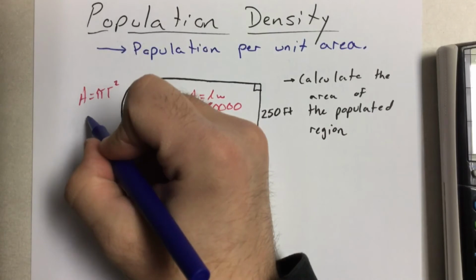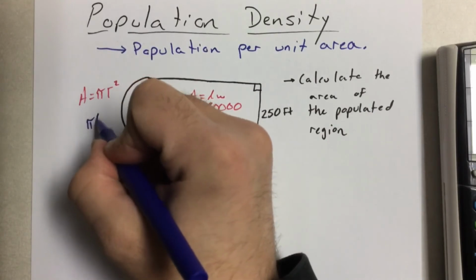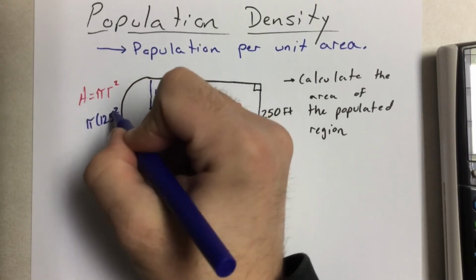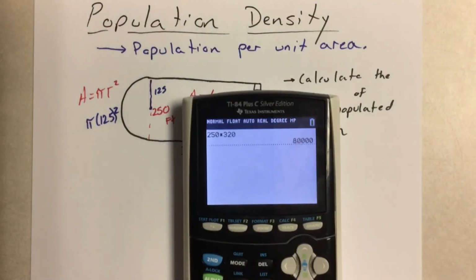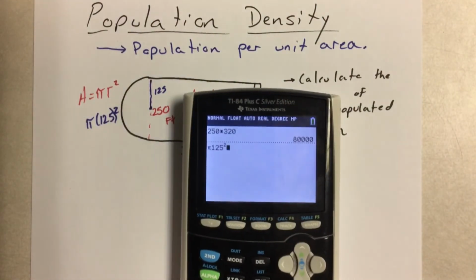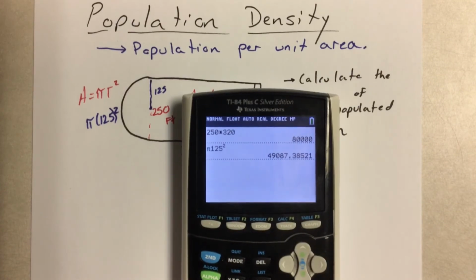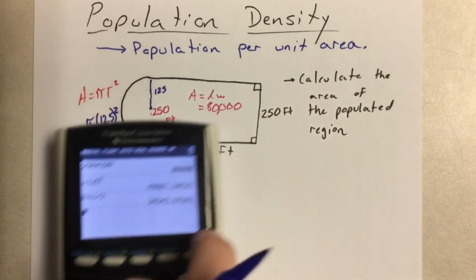So we would have pi multiplied by 125 squared, giving us roughly 49,087, but we want half of that value, so we're going to divide that by 2.